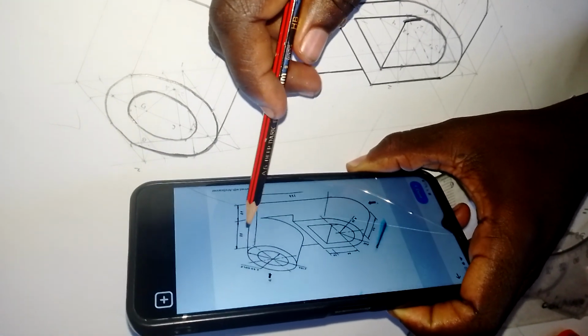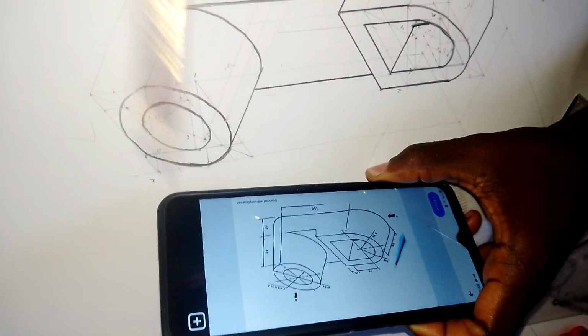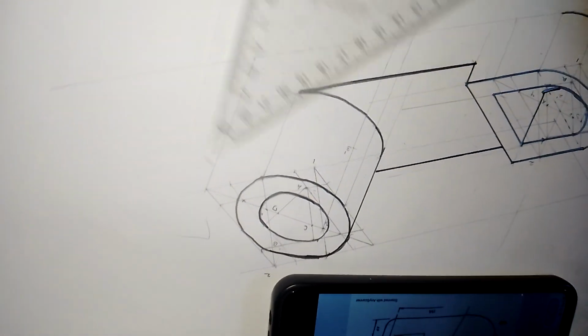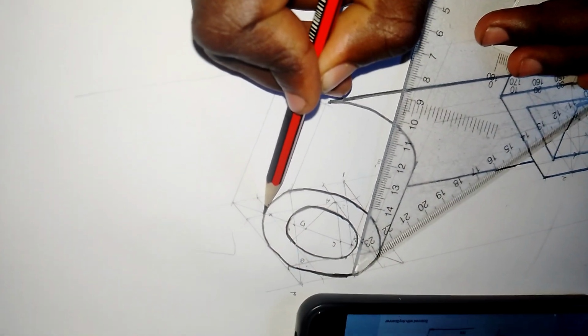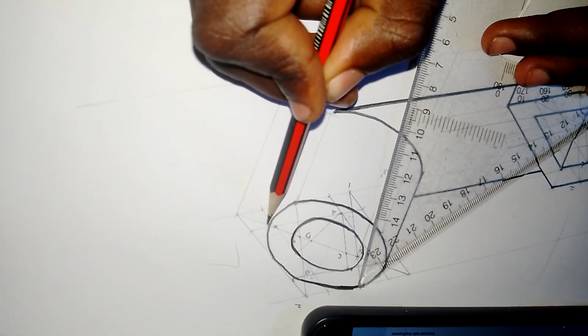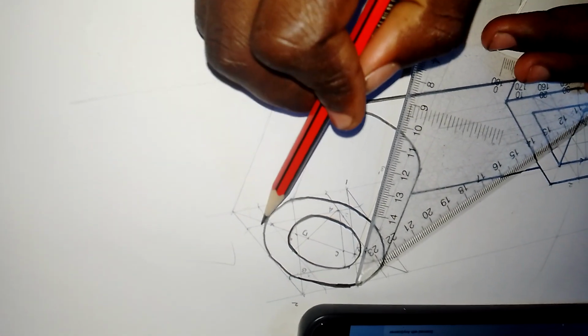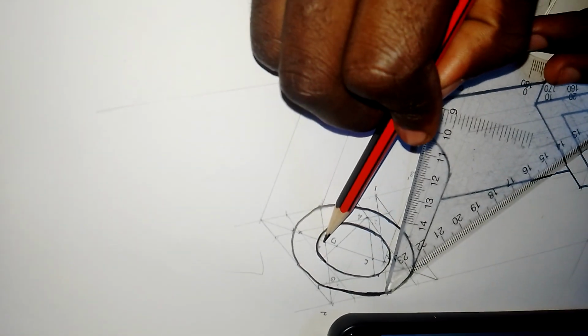Now we are remaining with only this one and this small curve here. To draw that curve, we are going to use this point here to drop that curve. It will be visible. We drop this point, and the center that we used to draw this curve was our point 4, which was around this part.